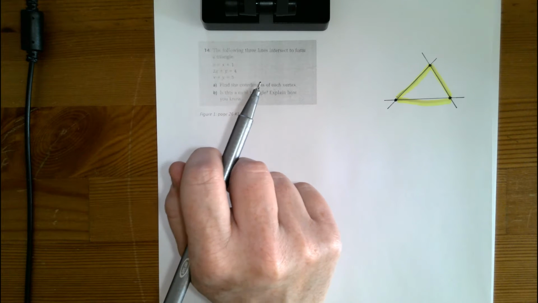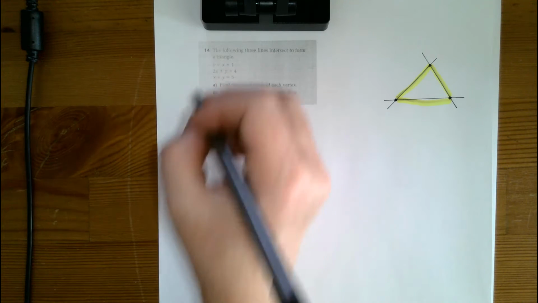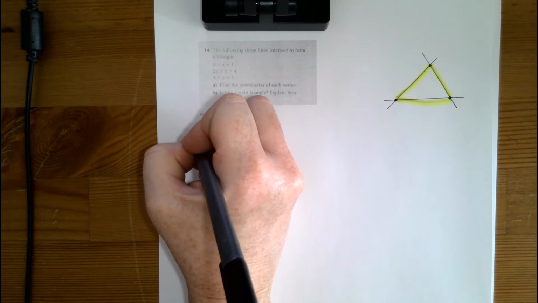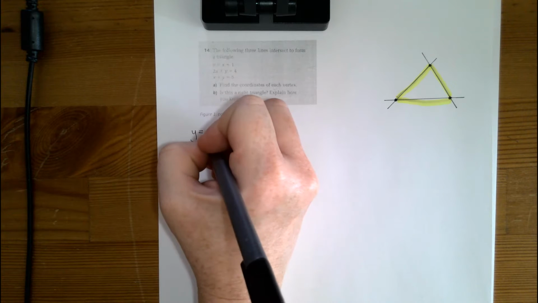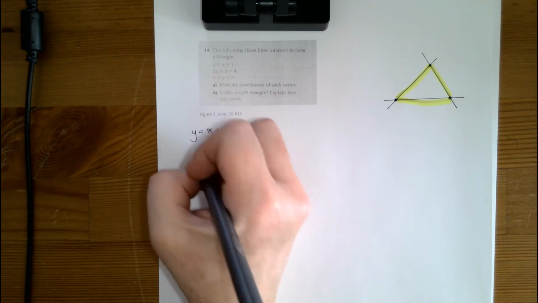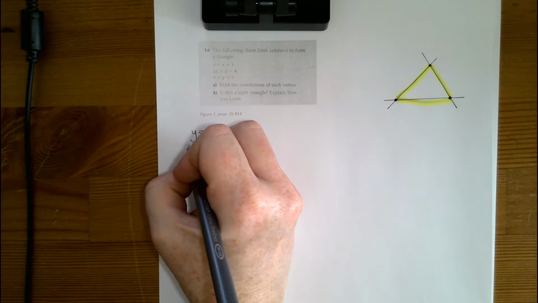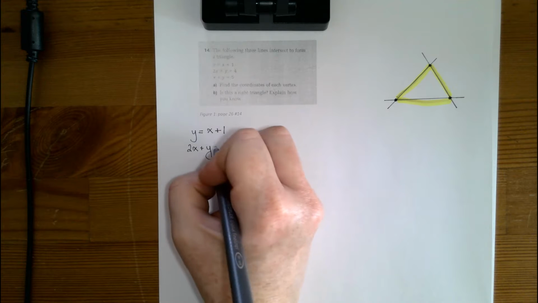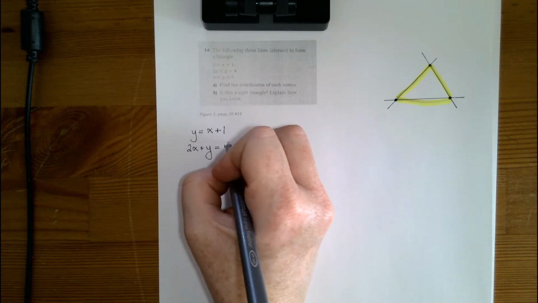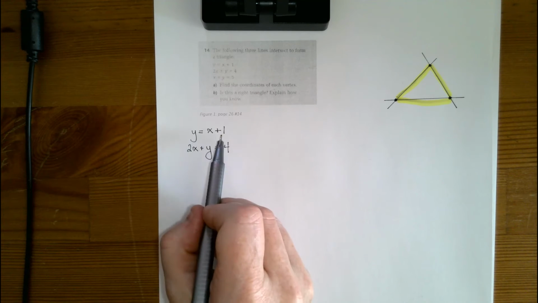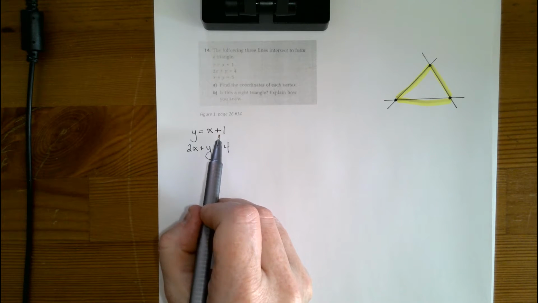All right, let's start with y equals x plus 1 and 2x plus y equals 4. Since we already have y equals x plus 1, this question is best done with substitution.